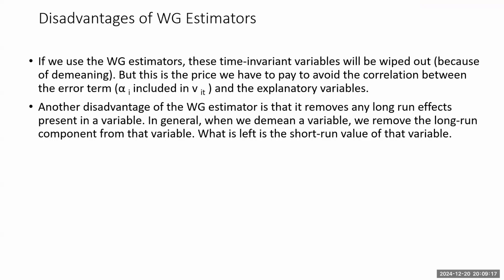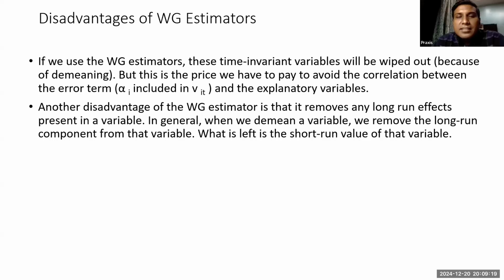Second, another disadvantage of this within group estimator is that it removes the long-term effect present in the variable. This is a very important thing, because when you demean a variable, what is left is the short-term fluctuations in the variable.